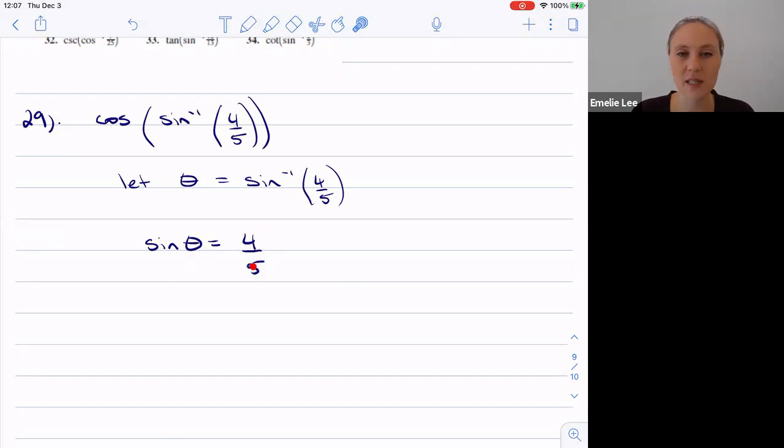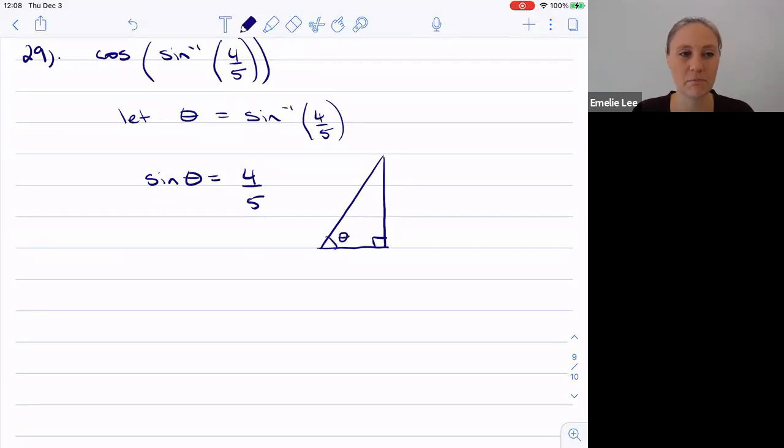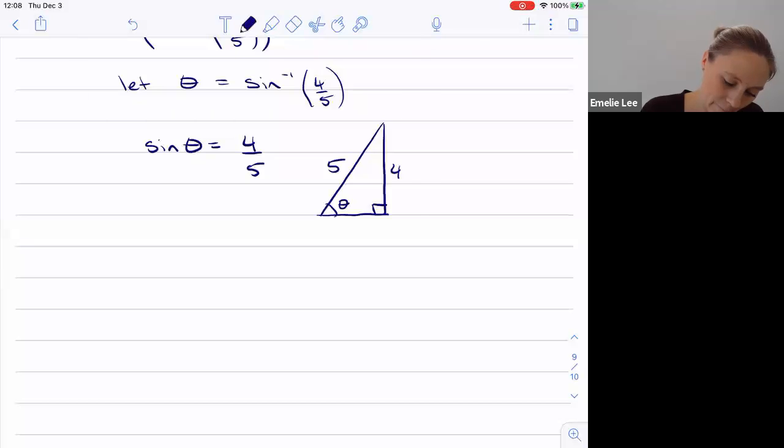So from here, I can set up my triangle. I just draw any right triangle here. Usually I let this guy be theta, it doesn't matter. So the sine of theta is opposite over hypotenuse, so 4 and 5. And here I'm going to say A equals, right?